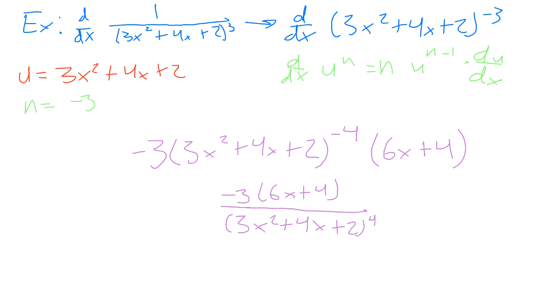And we can even go one step more and distribute out that 3 to where we have negative 18x minus 12 all over (3x squared plus 4x plus 2) all to the 4th.